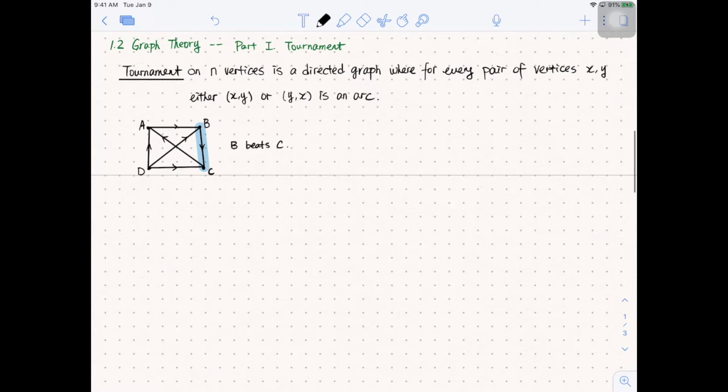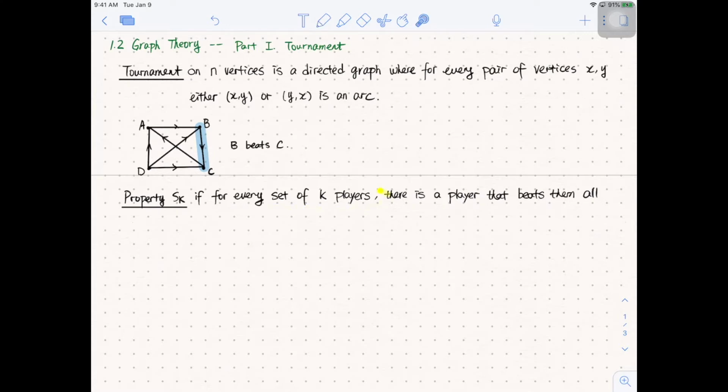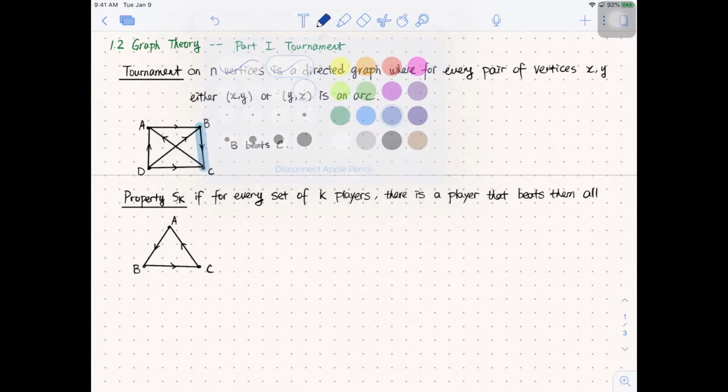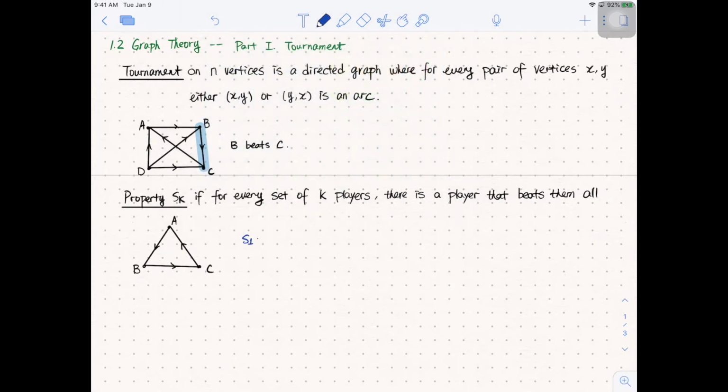And now we say a tournament has property Sk if for every set of k players, there's another player that beats all the k players. So for instance, if you look at a simple tournament with 3 players, this tournament satisfies property S1. Now let's check to make sure this is true.